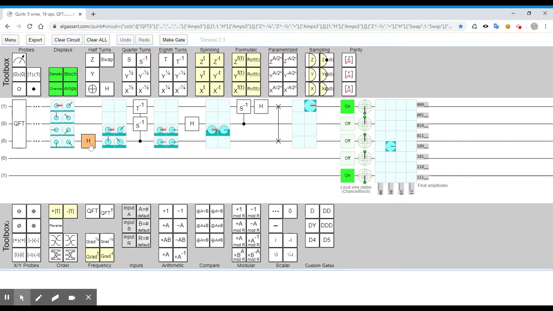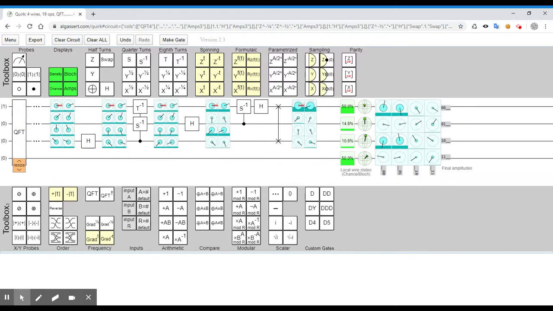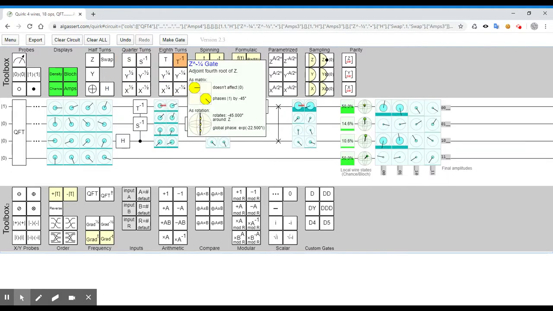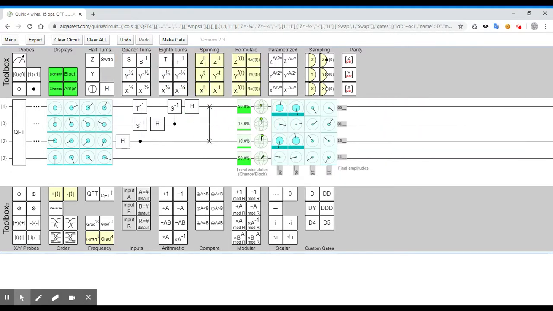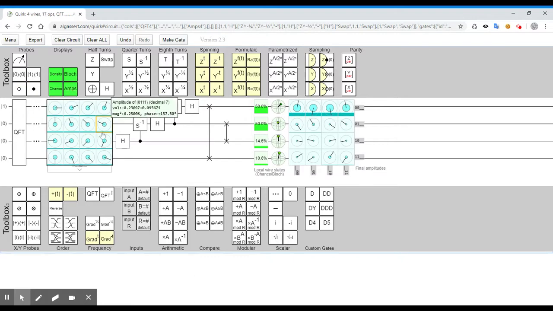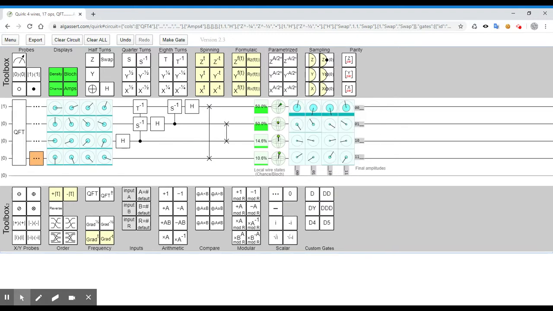Remember that, can I basically stick to the example of 4? I'll get rid of all these. I've got that basically, right? And I need another harmonic here.